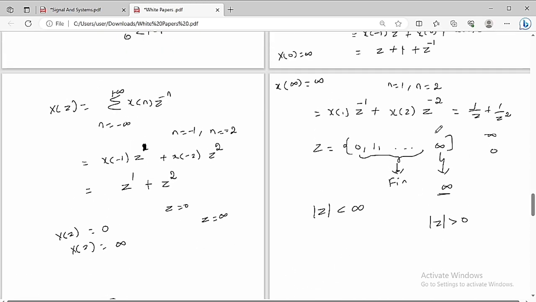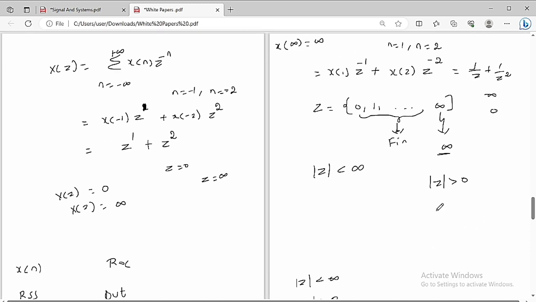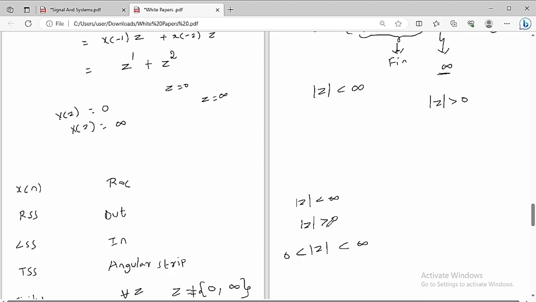Suppose the finite duration signal is present only for n greater than 0, then the ROC is z greater than 0. Suppose the finite duration signal is present on both the left-hand side as well as the right-hand side, for n less than 0 and n greater than 0.